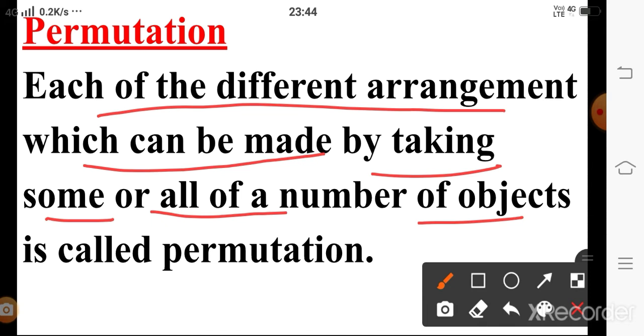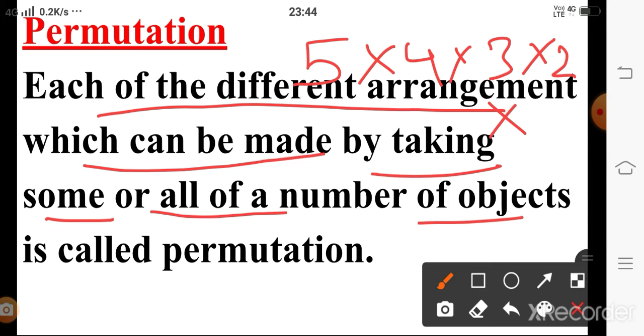How many different ways do we have? We have 5 into 4 into 3 into 2 into 1. Multiplying these, 5 into 4 is 20, 60, 120, so we get 120 ways of arranging these five numbers in a 5-digit number.